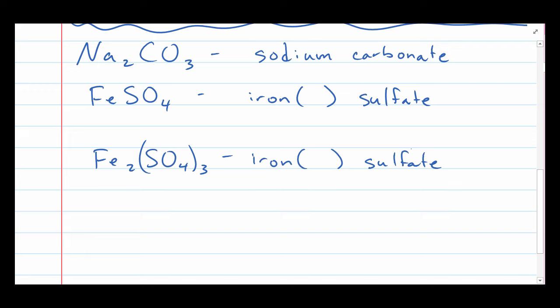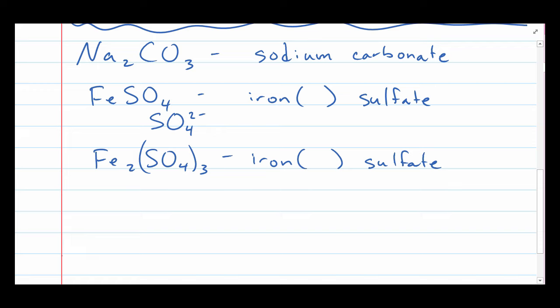Now to figure out what the Roman numerals are, we need to know what the charge is on the ions. So, what is the formula and charge of the sulfate ion? SO4 with the charge of 2 negative. Now, if we look at the formula, how many irons are we showing? Just one.